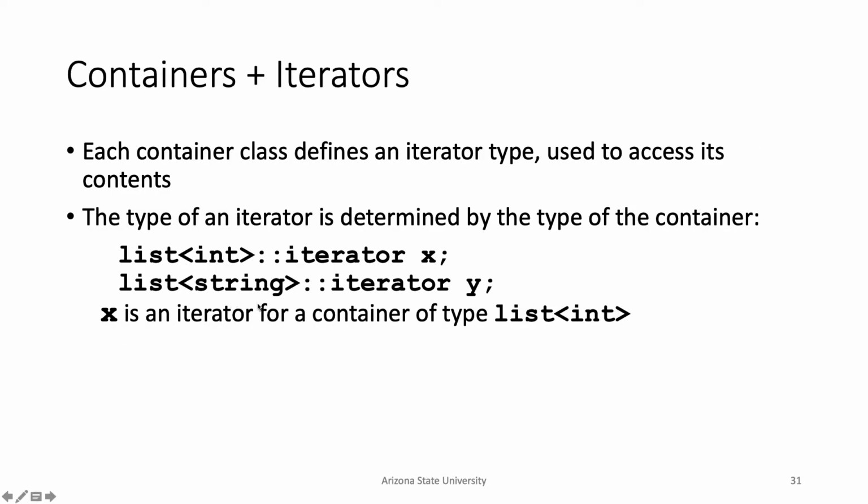If you want to write an iterator yourself, or get the iterator for the appropriate container, you can just say the type name of the container, maybe list of int or vector of int, whatever you're using, colon colon iterator, and that'll give you access to the iterator of that container.